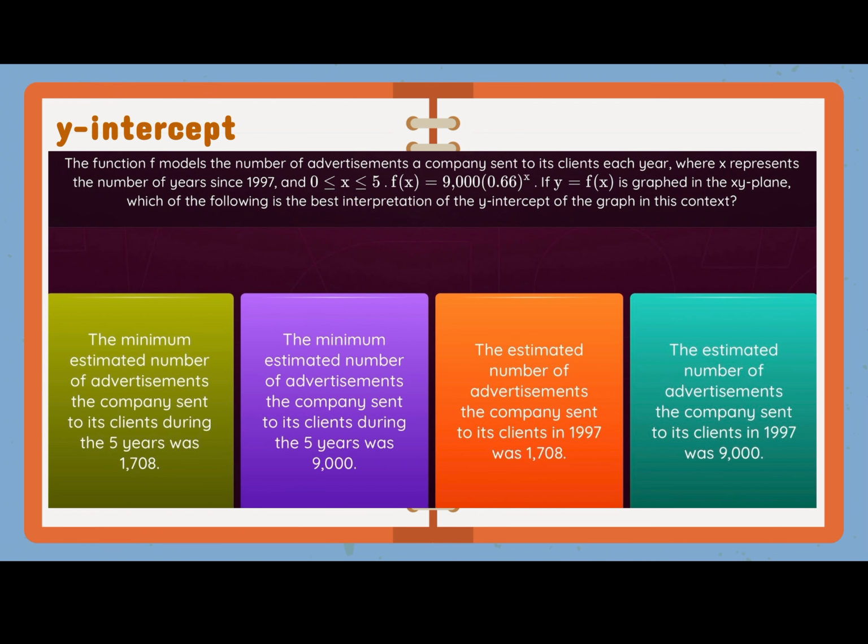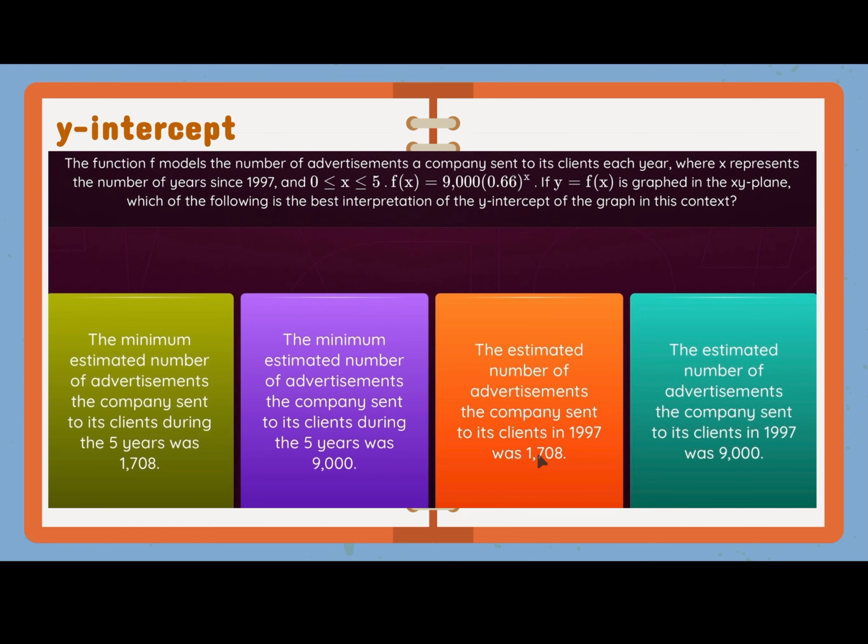Keeping that in mind, we have to account for these answer choices that say during the 5 years, so that does make a difference, and this one is just in 1997. Now, I'm going to tell you guys, when you have a y-intercept, again, x equals 0. When x equals 0, we're looking at the starting point, which in this case is 1997. So in the context of this question, it will be in 1997.